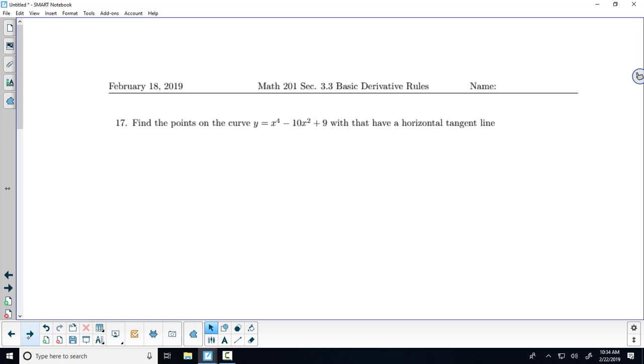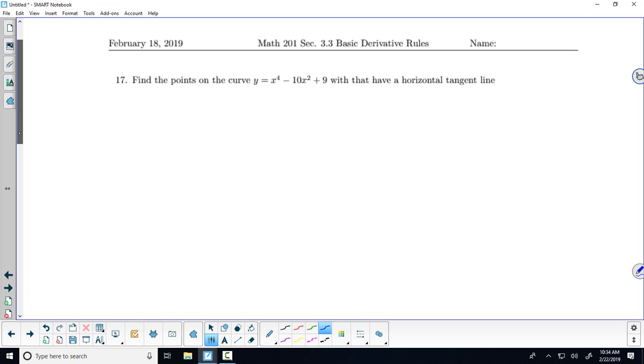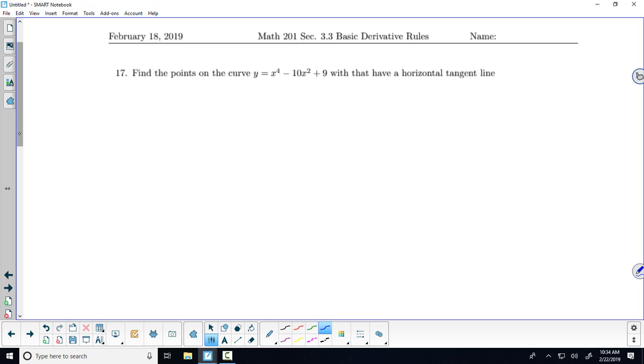I've got this function y equals x to the 4th minus 10x squared plus 9. I'm going to write it this way just to keep you on your toes. See how I'm rewriting y so it's more explicitly listed as a function of x? That's all I'm doing there.